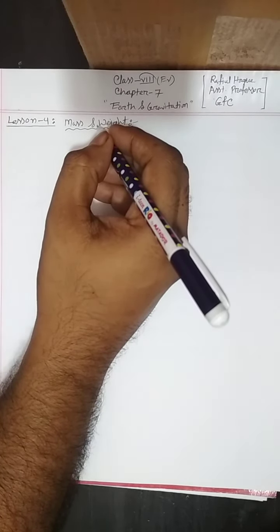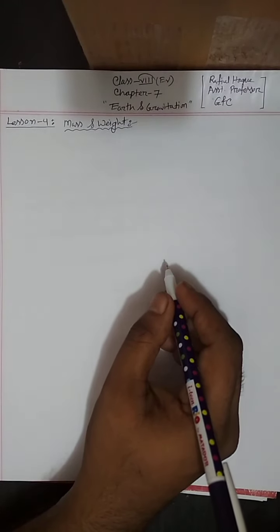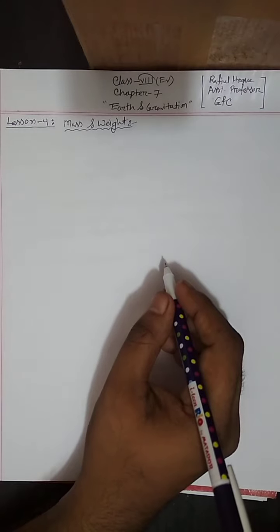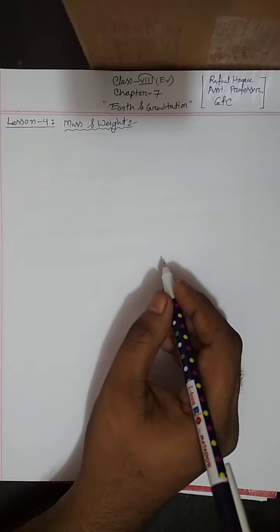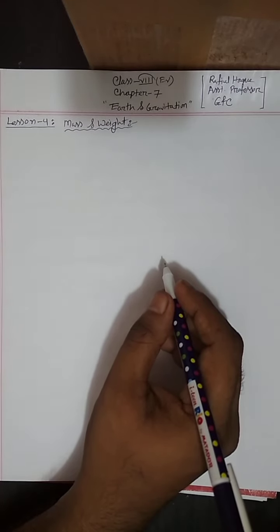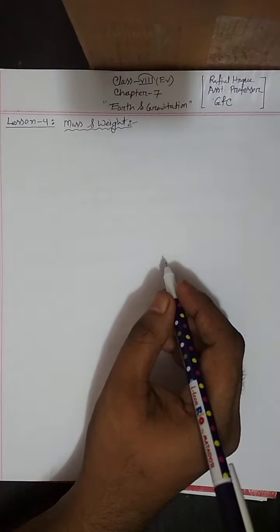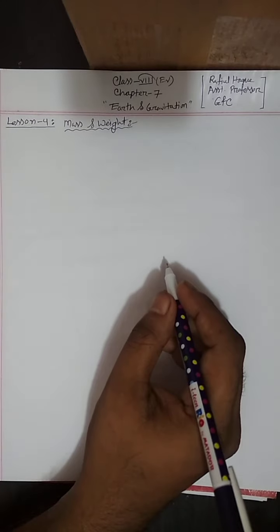Well, in our day-to-day use of language, we often make no distinction between mass and weight, and we can't tell the difference between them. But in physics, the two words mean different entities.